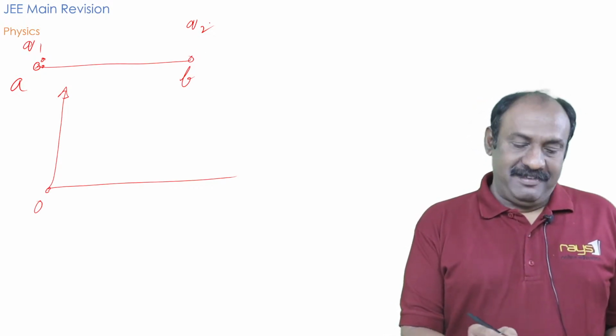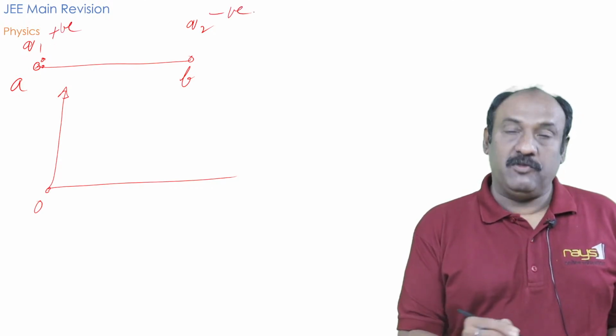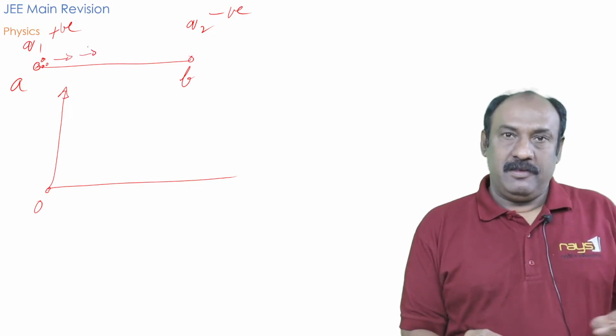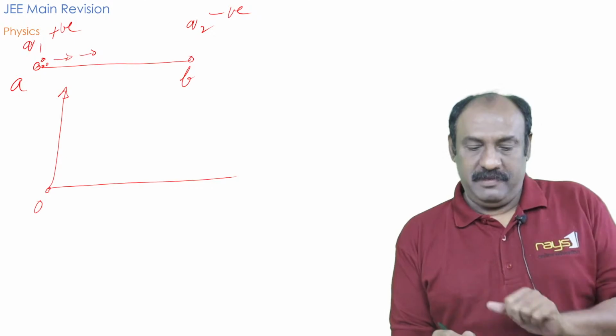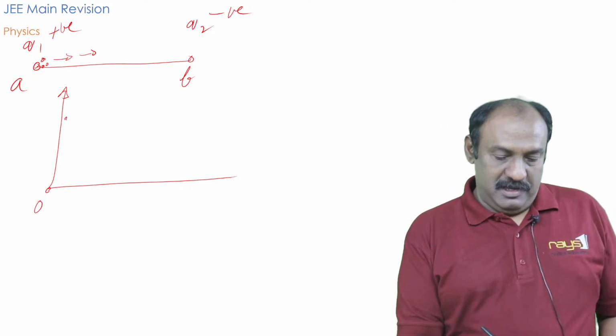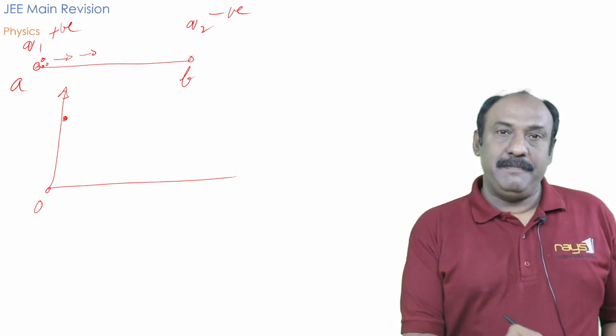If one is positive and the other negative, the fields at this point add up, since due to Q1 it acts away and due to Q2 it acts in the same direction. So there will be a net electric field with some maximum value at this point.